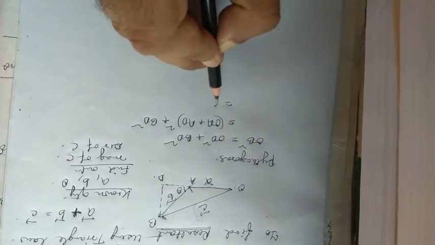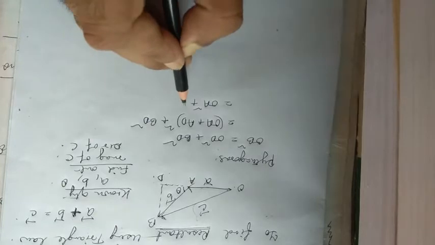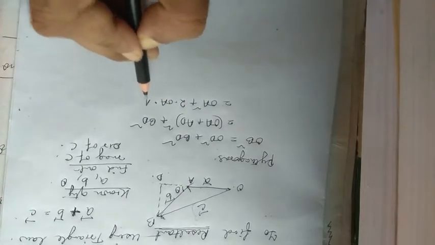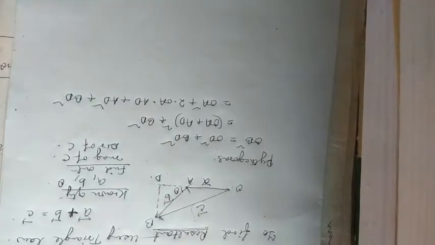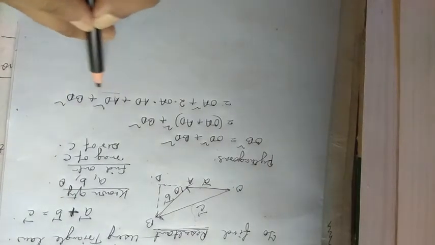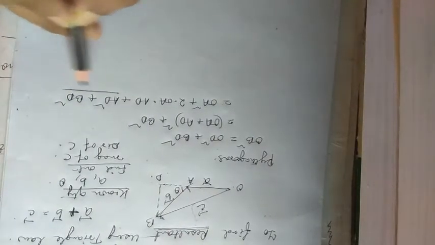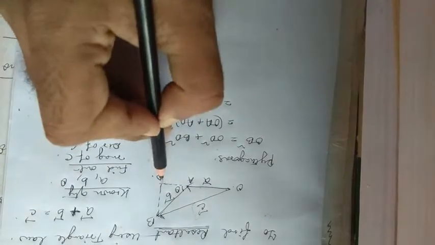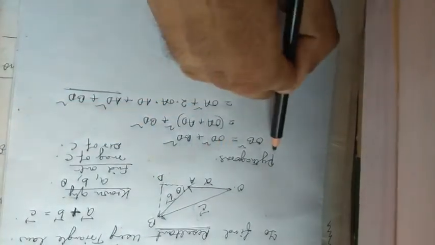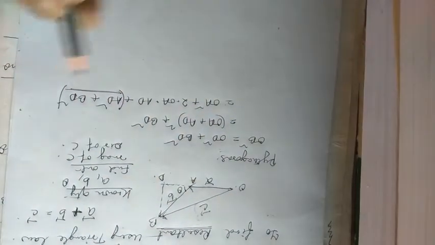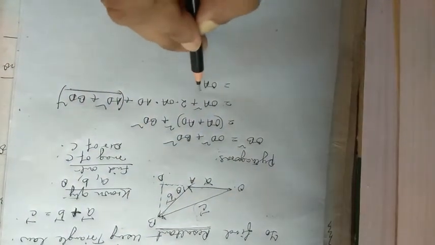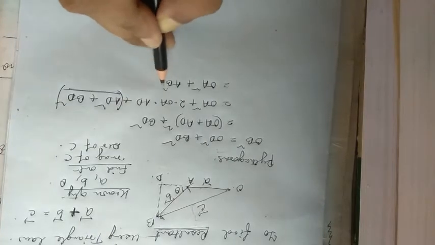Expand this: OA square plus 2 OA AD plus AD square plus BD square. Now, AD square plus BD square, both are construction parts. Again from Pythagoras, we can write it as AB square.